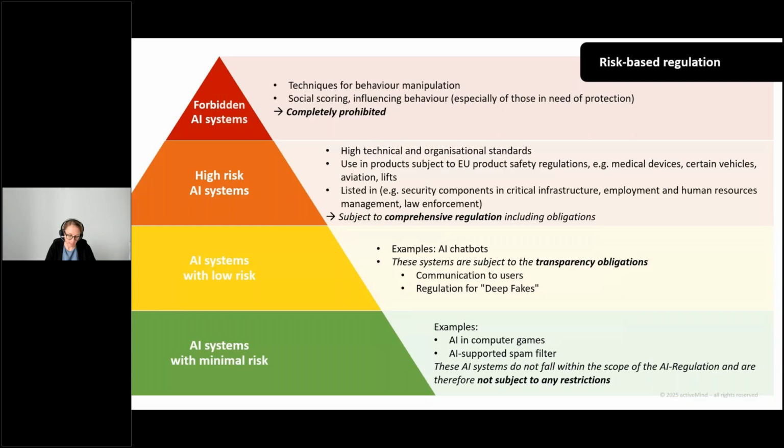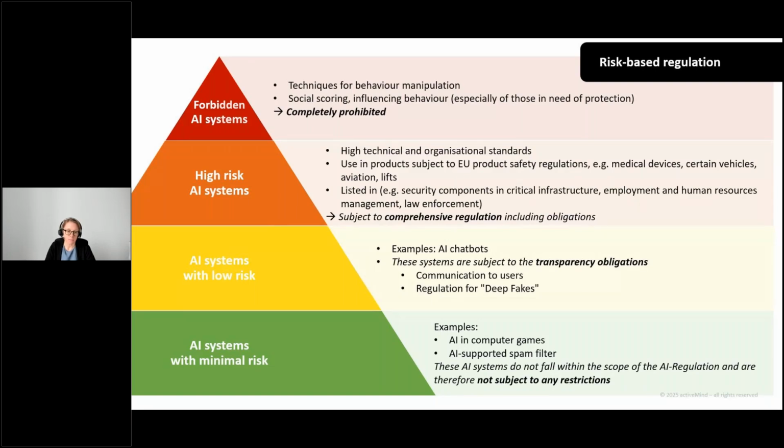Then you have clear and adequate information in place for the deployer. You also need appropriate human oversight measures and a high level of robustness, cybersecurity, and accuracy. So these are the obligations that the AI Act imposes on high-risk AI systems.